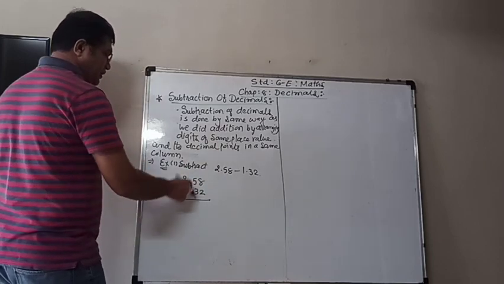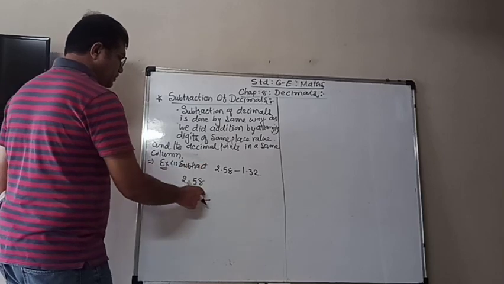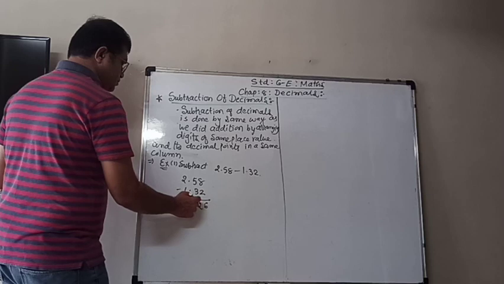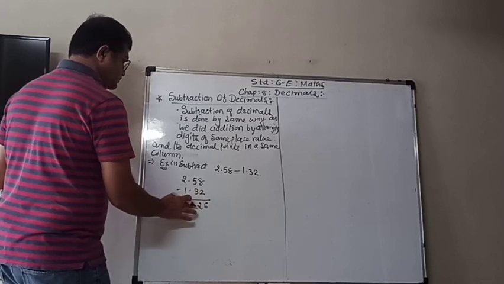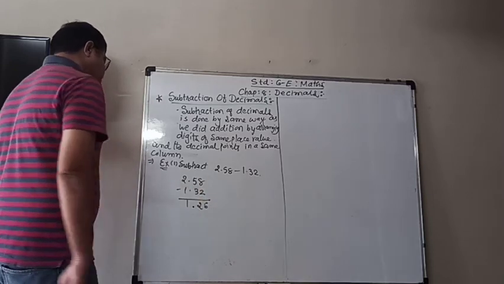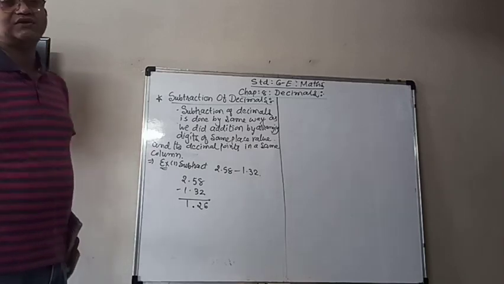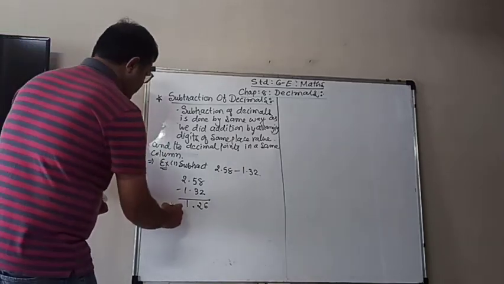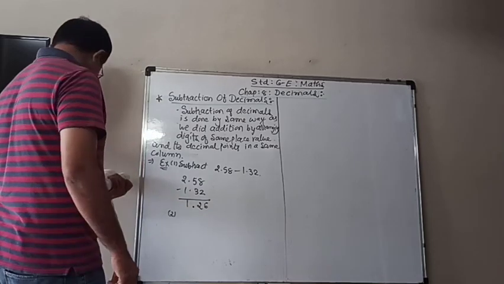Very simple, here we already put the numbers. 8 minus 2 is 6, 5 minus 3 is 2, 2 minus 1 is 1. So your answer is 1.26.